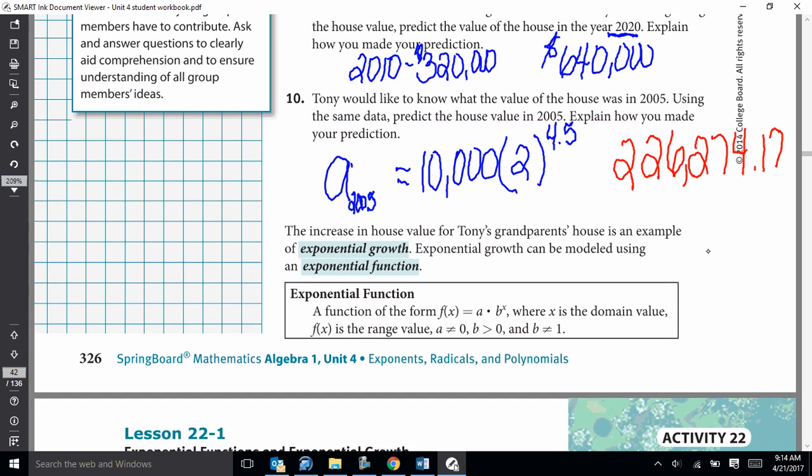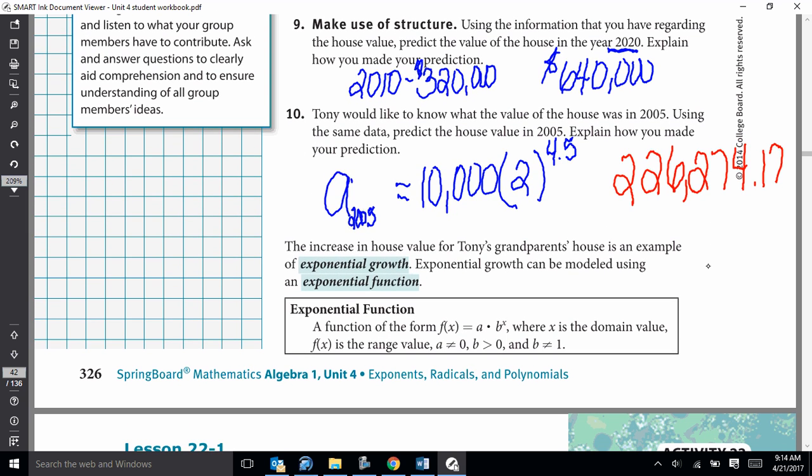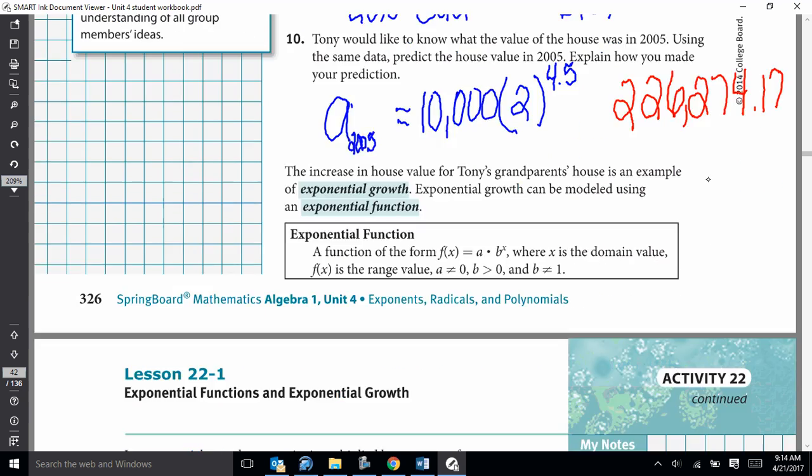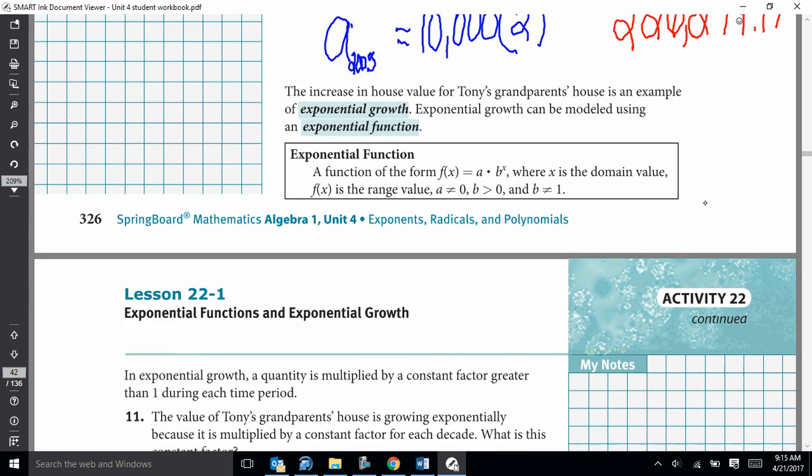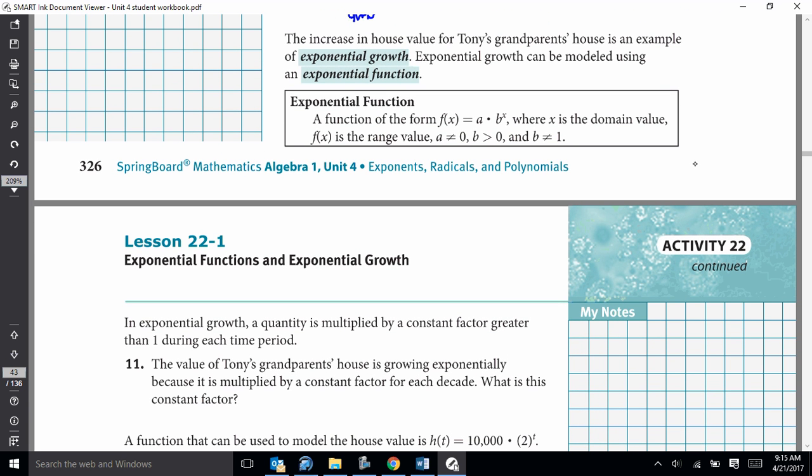All right. So questions with that? So the increase in house value for Tony's grandparents' house is an example of exponential growth. Exponential growth can be modeled using an exponential function. And so an exponential function, you notice it's really similar to that geometric sequence where A is your starting value and B is the amount that you're increasing by.